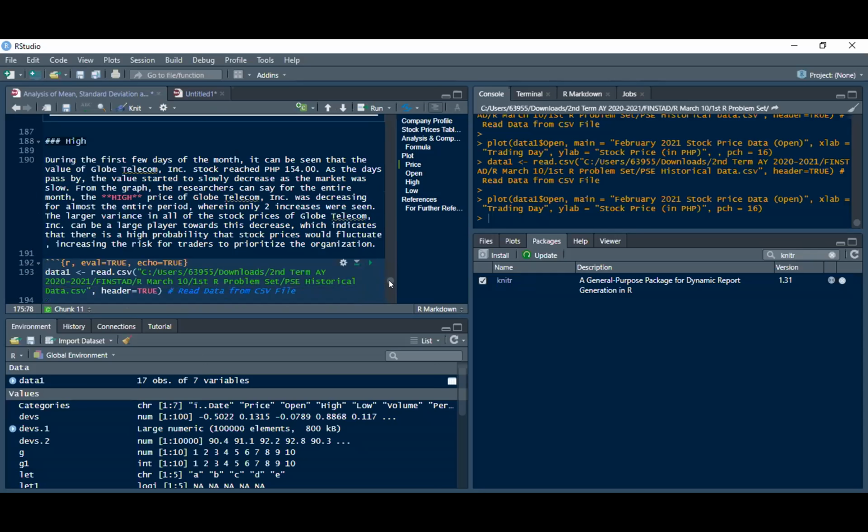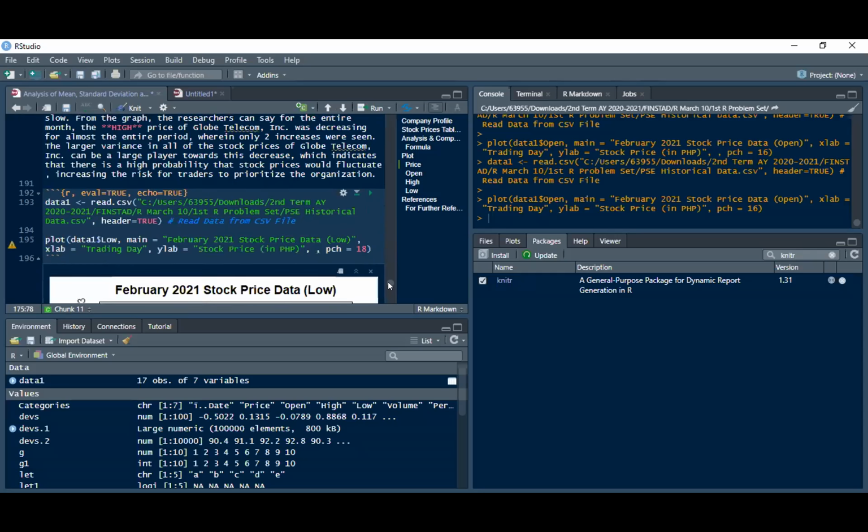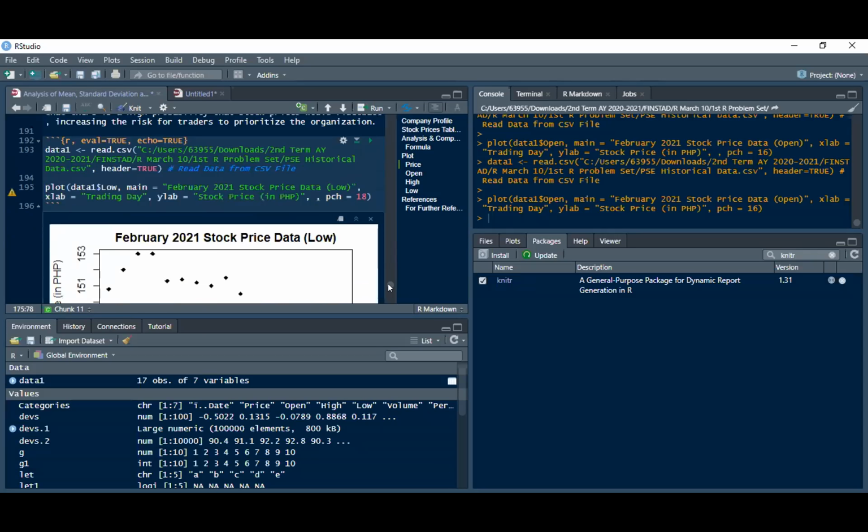plot. And then for the final one, it was the February 2021 stock price data low. So plot data low. And then for the x-axis, it's the same trading day. And then for the y-axis, it's the stock price in Philippine peso.